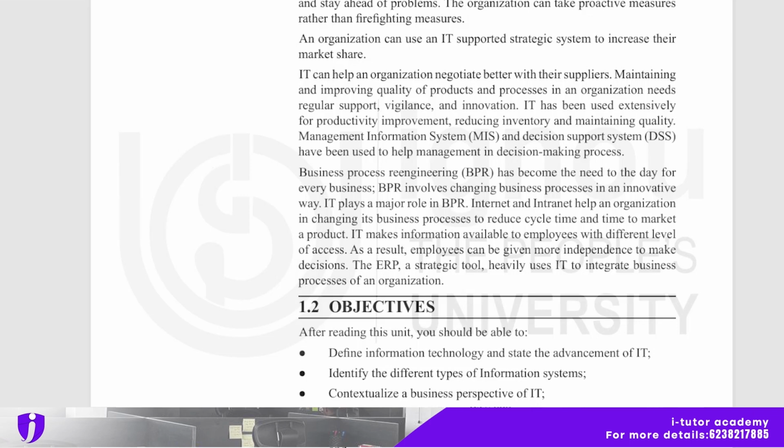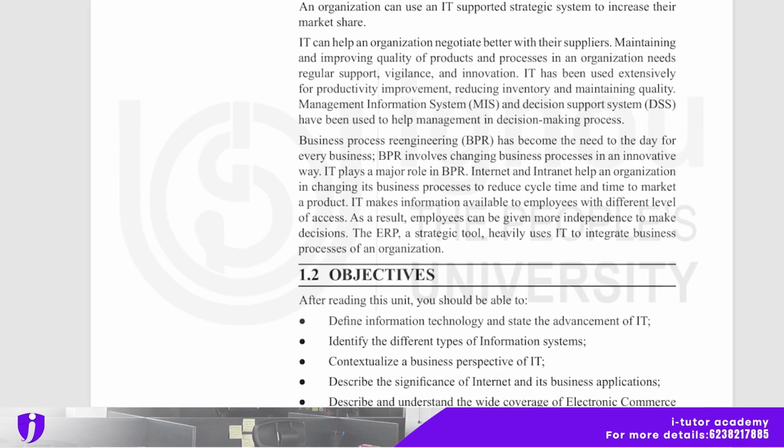Maintaining and improving the quality of products and processes in an organization needs regular support, vigilance, and innovation. And IT has been used extensively for productivity improvement, reducing inventory and maintaining quality. Management information systems and decision support systems have been used to help management in the decision making process.